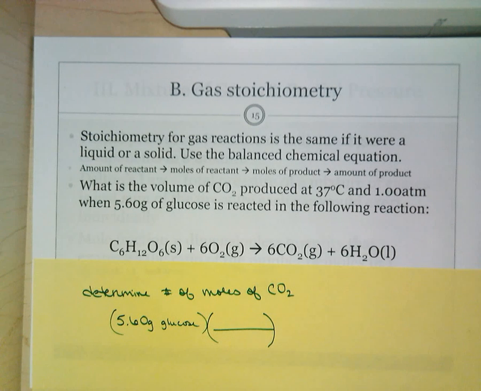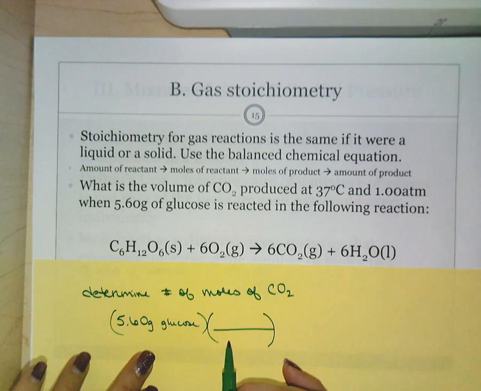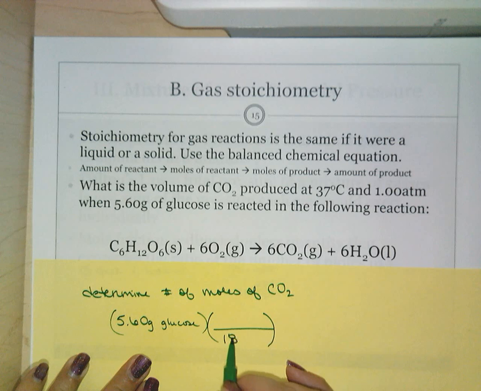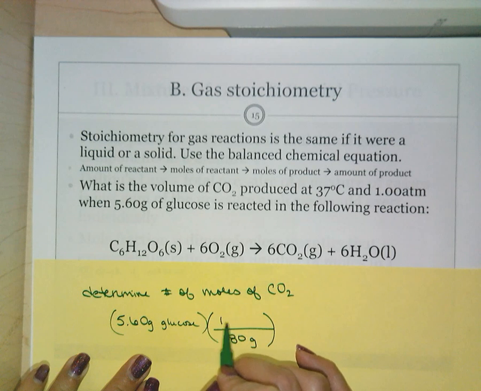So what's the first step we need to do to get from our grams to our next step? Molecular weight of glucose. Okay, happens to be 180. It is, that's why I use it.